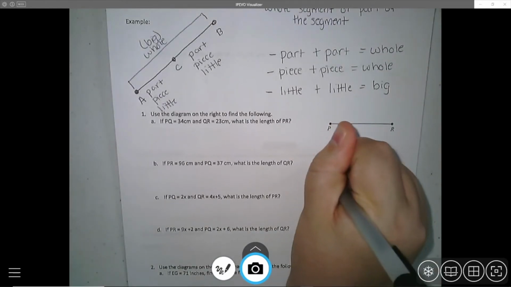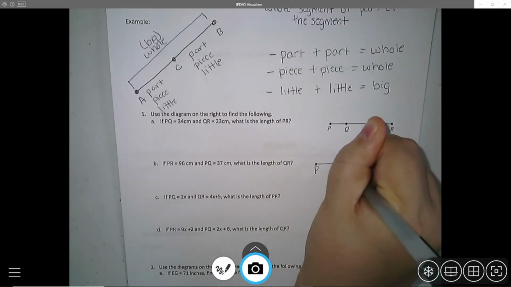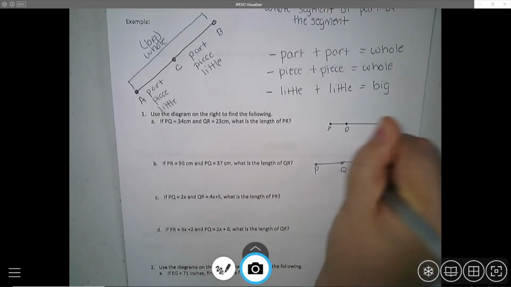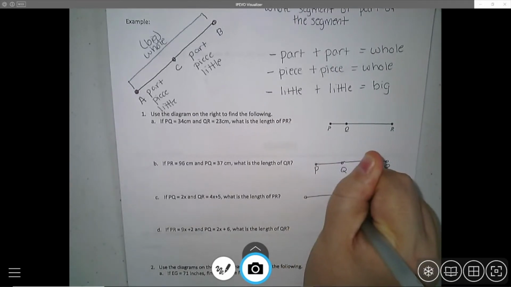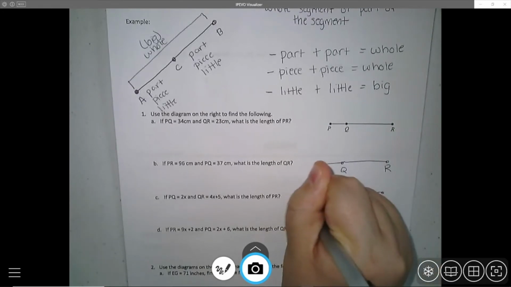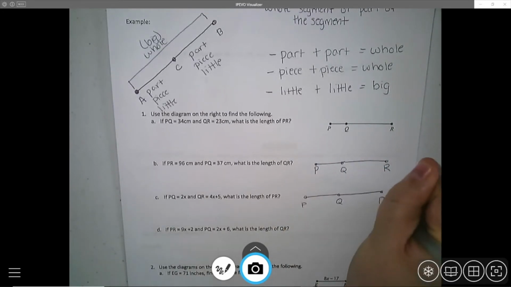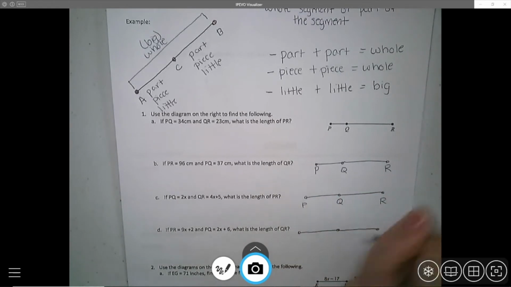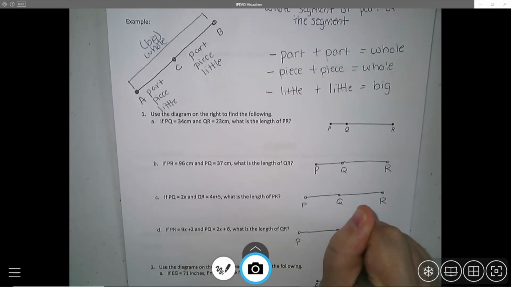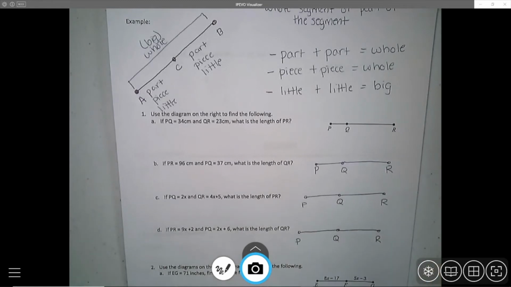For each part, I'm going to redraw that picture. Drawing is important in this unit and from here on out in geometry. Geometry is a lot of visuals. If you don't have a picture, you're going to end up drawing it, so get used to the drawing parts.